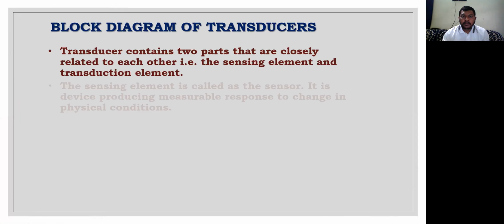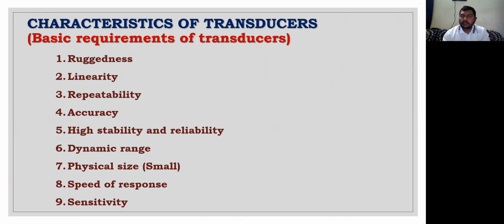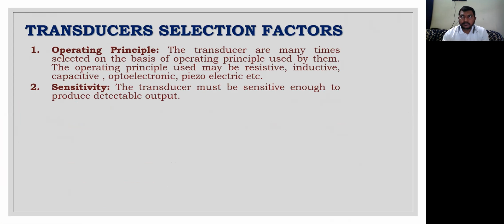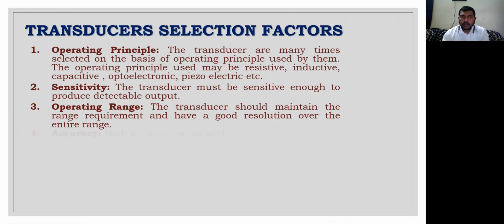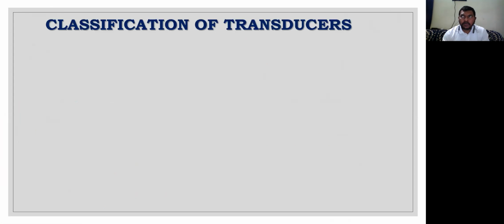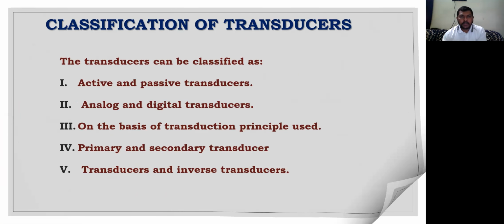This is the block diagram of a transducer. These are some of the basic requirements of a transducer, and the transducer selection factors. Then we have active and passive transducers, analog and digital transducers, transduction principle, primary and secondary transducers, and transducers and inverse transducers.